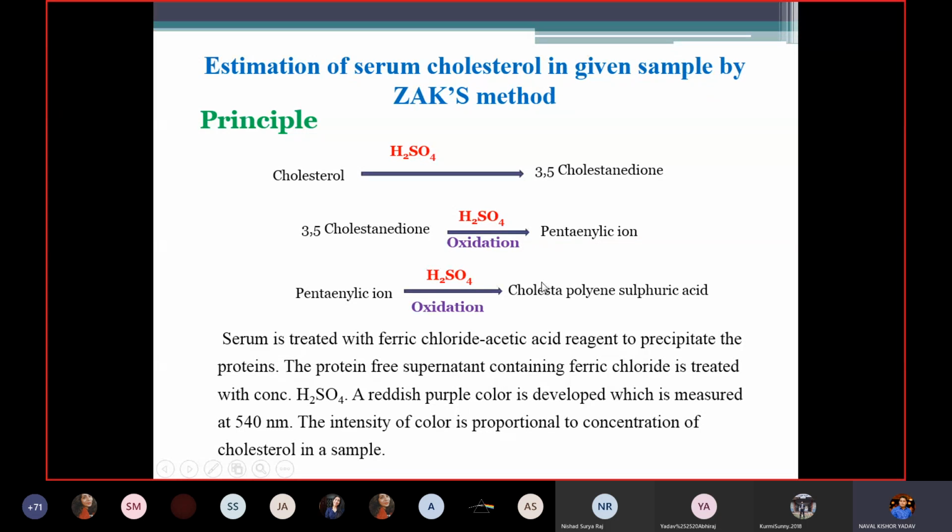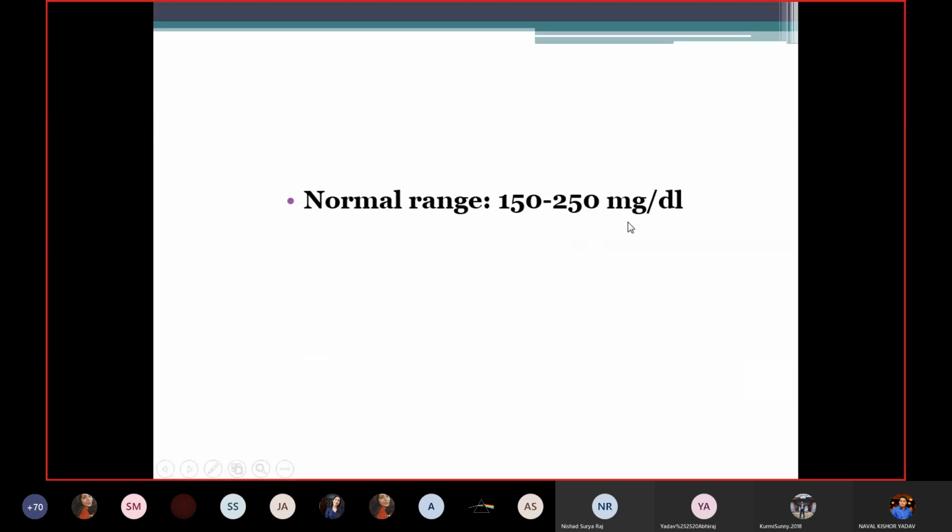Principle you have to mention in this way: cholesterol with H2SO4 forms cholestadiene, and again with the same acid it forms further products, and the oxidation gives green sulfuric acid complexes, which form a colored complex measured at 540 nanometers. The color is directly proportional to cholesterol. Normal range is 150 to 250 mg per deciliter.